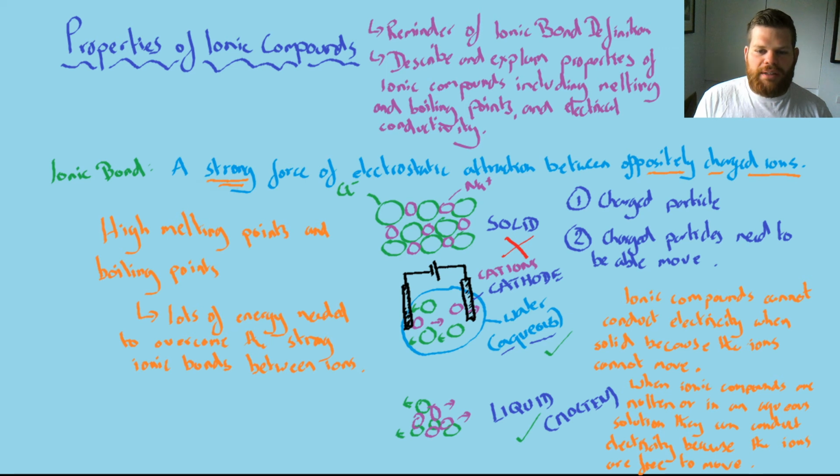Over on the other side, we have our chloride ions, which are the negative ones, and we call them anions. You can remember that from the last video. And the electrode that they go to here is called the anode. Just a good opportunity to introduce a couple more chemistry terms.